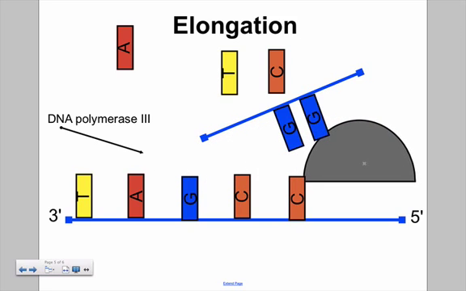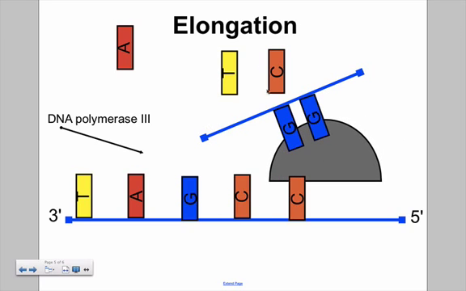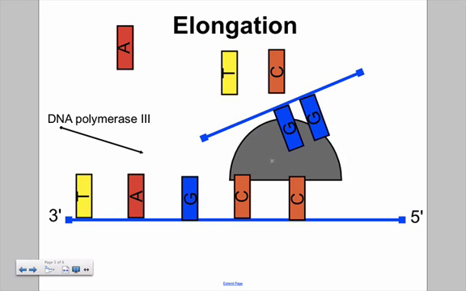So let's pretend that DNA polymerase starts right here. What it does is it's going to read this bottom strand and it's going to take in a nucleotide from the outside cytoplasm somewhere, and it's going to match up with its complement base pair. So what did we say bonds with C? G. Then it goes along and reads this one.